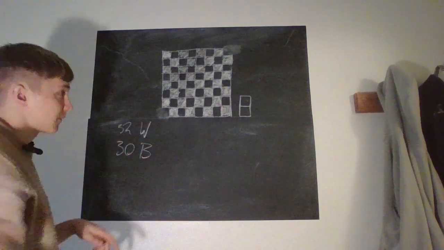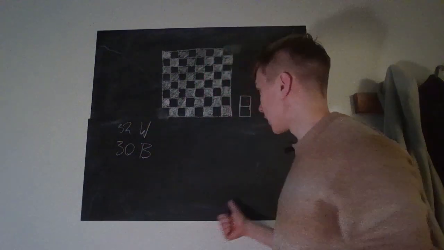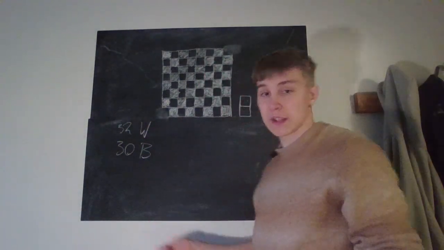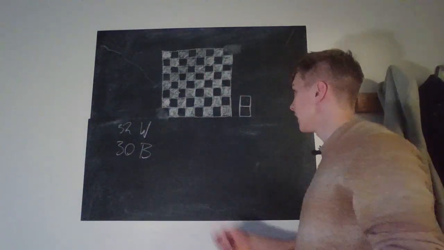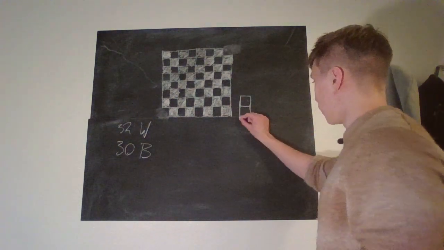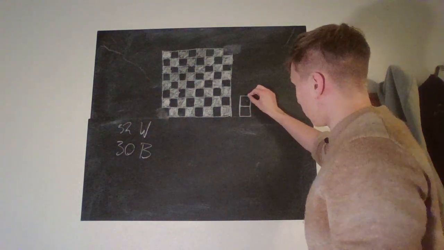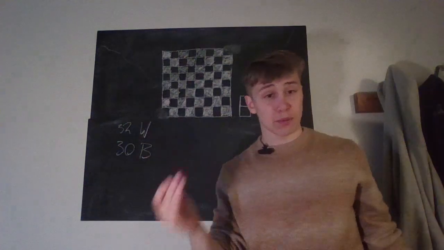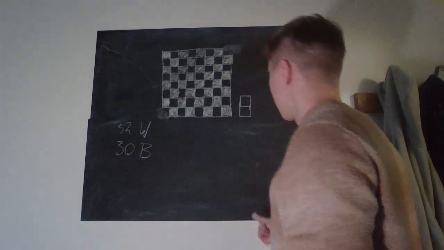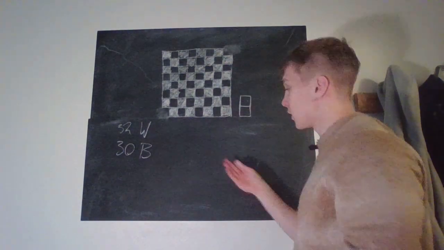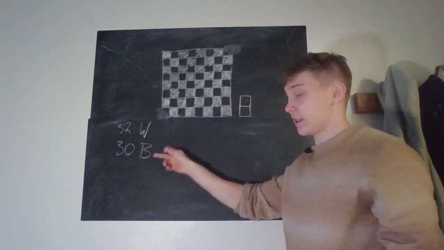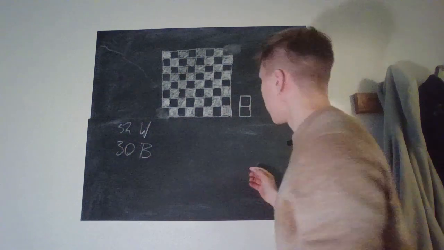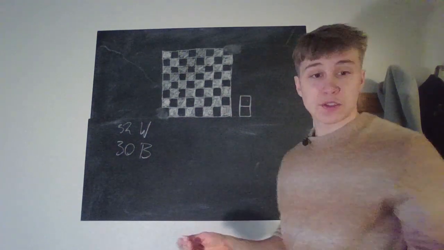And here you would use the coloring argument, because a black square is never adjacent to another black square, it's only adjacent to white squares. So this 1x2 shape always covers a white and a black square. Because we have an unequal amount of white squares and black squares, we know that this is not possible.